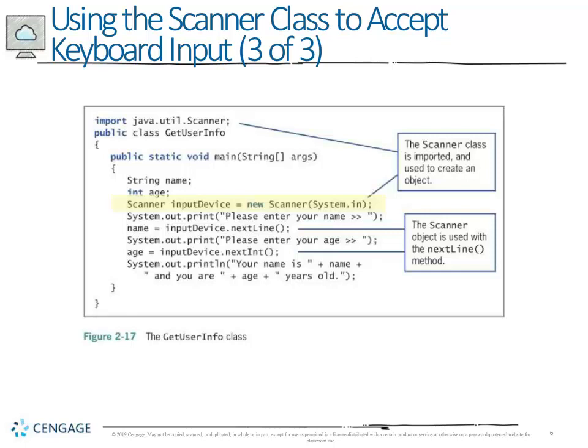Then we display a message by System.out.print. We say "Please enter a name." We will use the nextLine method in the Scanner class to read strings. So name equals inputDevice.nextLine(), that retrieves the next line of data and returns it as a string.